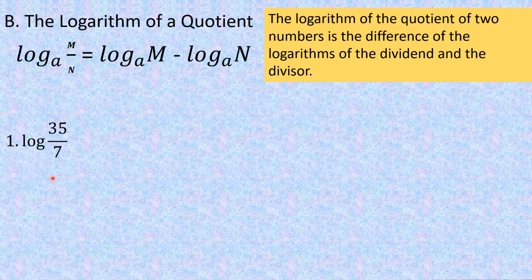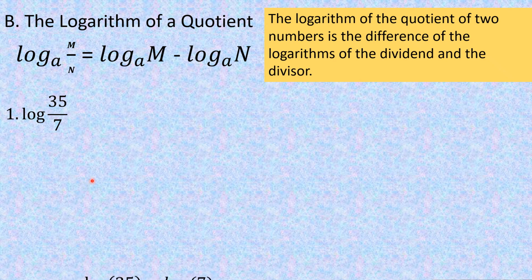So let us try example number 1. Log of 35 over 7. Applying the law, we will have the log of 35 minus log of 7. How do we check if we really will be subtracting the logarithm of 35 minus the log of 7?